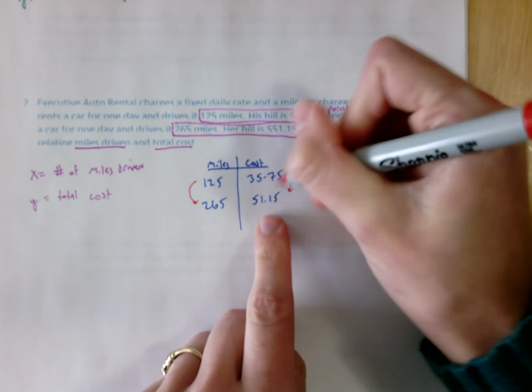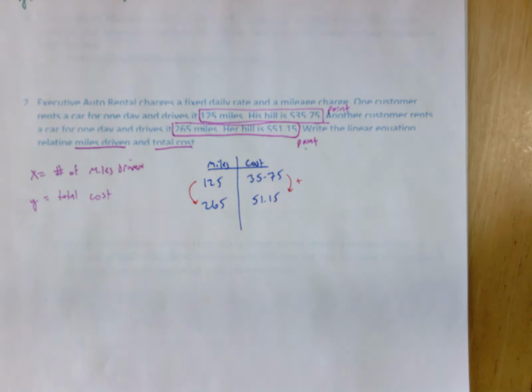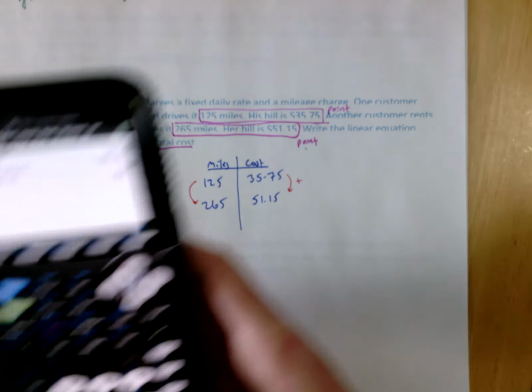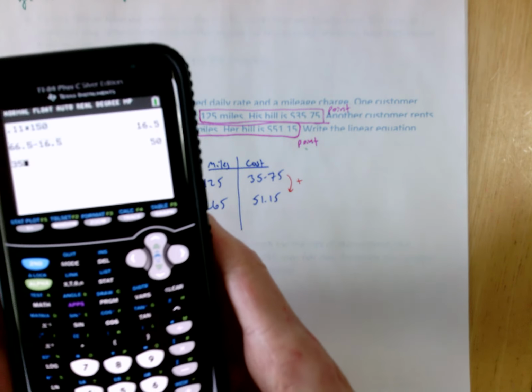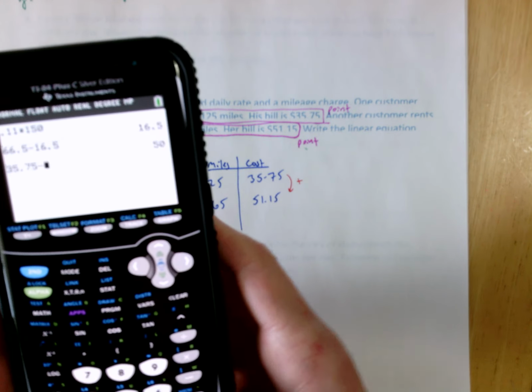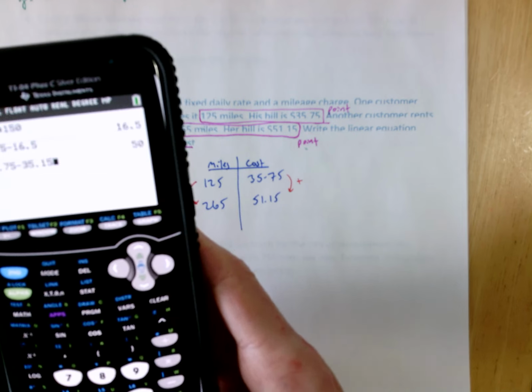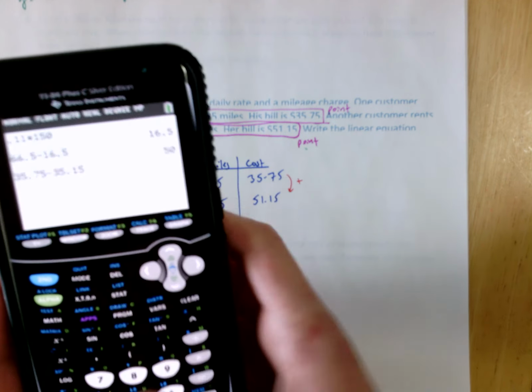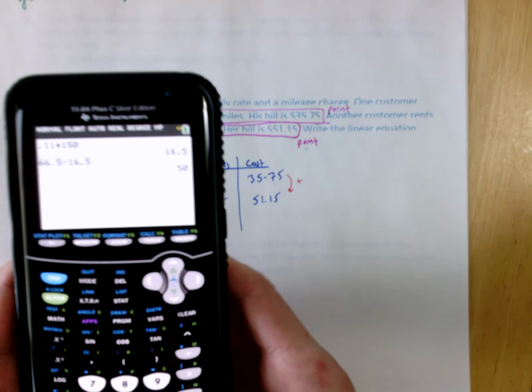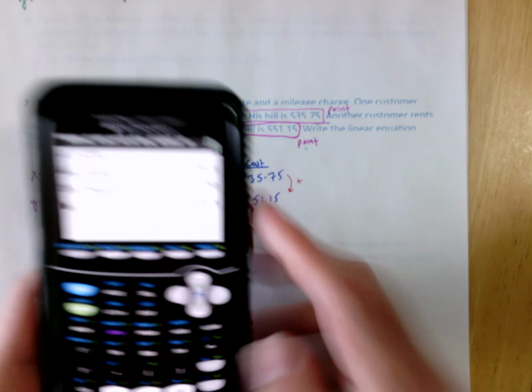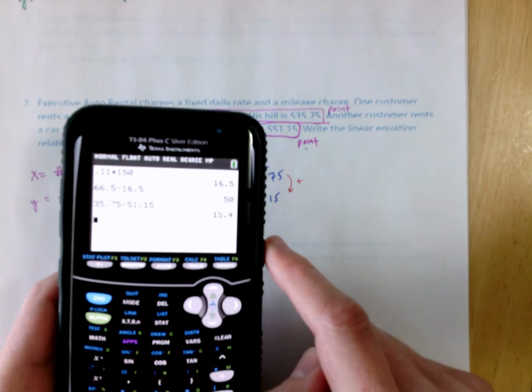So this, I'm going up, and I have to figure out how much I'm going up. The easiest thing to do is to use subtraction. So what I'm going to do is 35.75 minus 51.15. Oops, typed the wrong number, 51.15. And this told me it's negative 15.4.